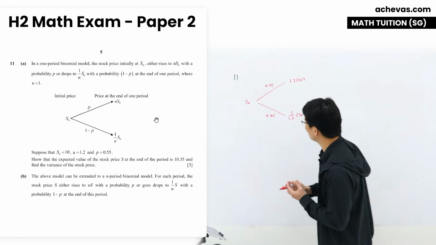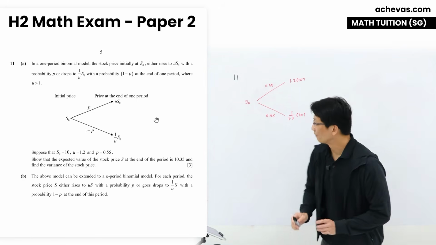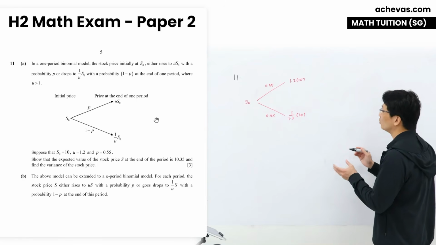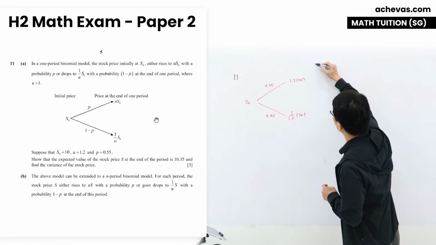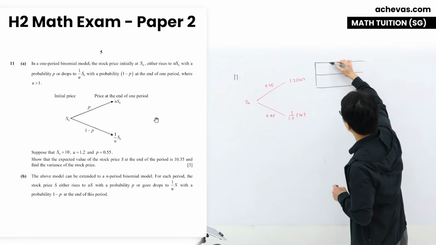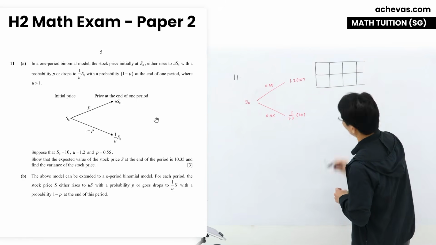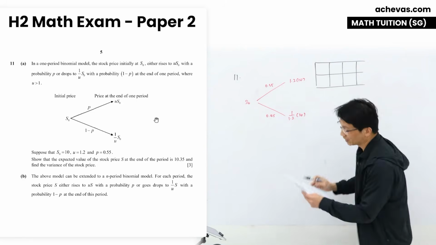An easier way to do this, maybe I will just come up with a discrete random variable probability distribution table first. So this will be the two scenarios.